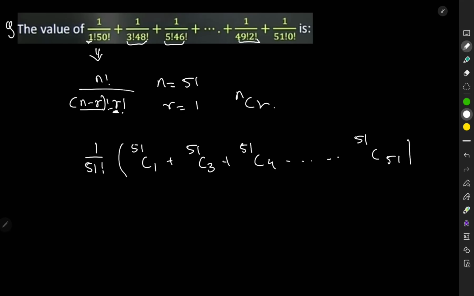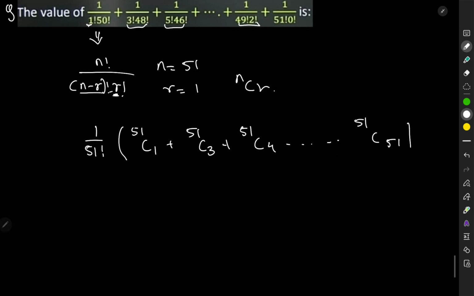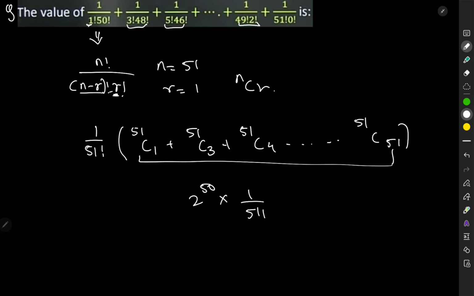Now what we should do, observe this. This is a sum of odd terms, right? 2 to the power n minus 1 will be the answer straight away. 2 to the power 50 multiplied by 1 by 51 factorial. This will be the answer. Yes, right? So easy answer.